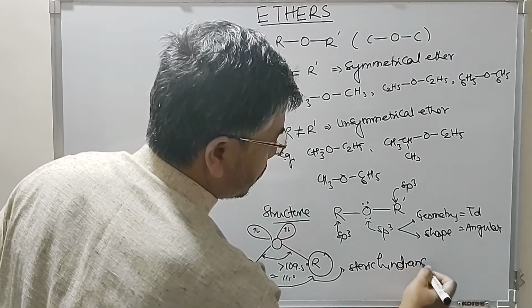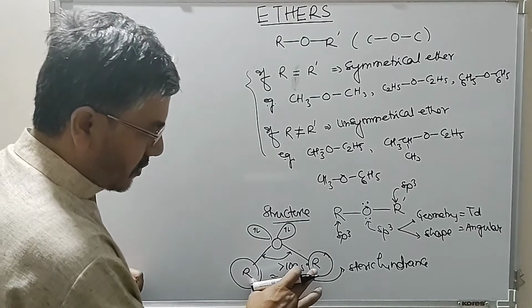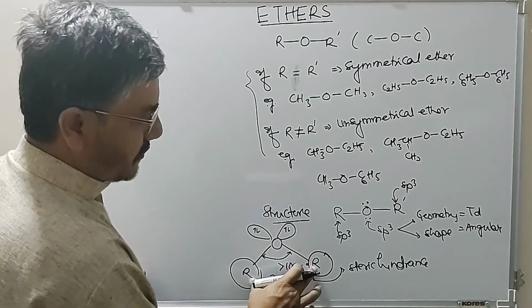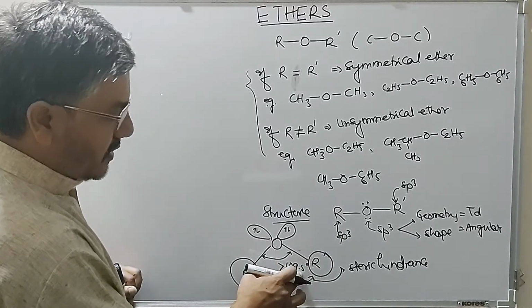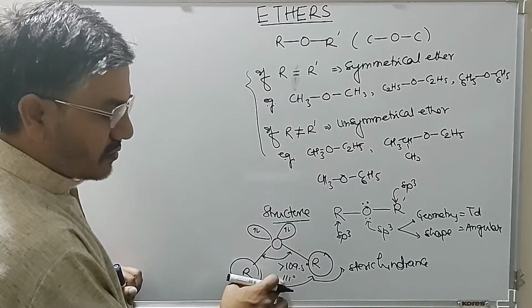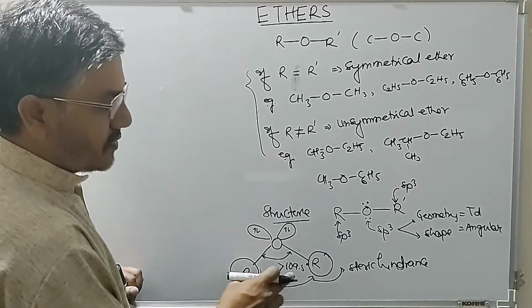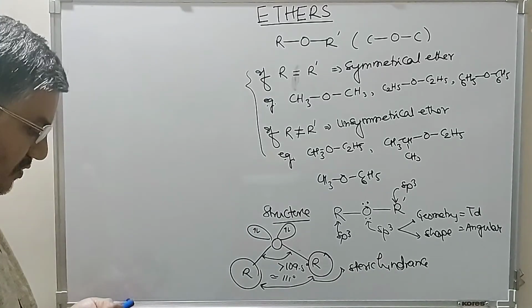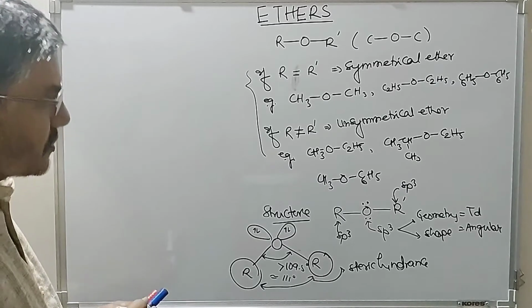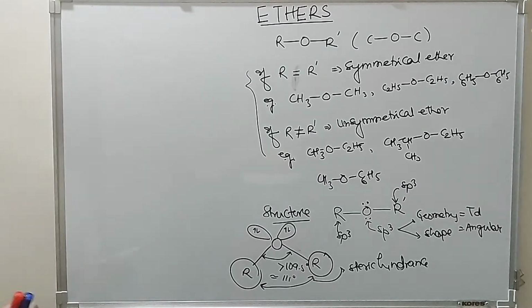Because of the steric crowding between these two bulky groups, R and R prime, the bond angle which was supposed to be the tetrahedral 109.5 is greater than this tetrahedral angle and is about 111. So the reason is this steric hindrance. This is about the general structure of ethers. Now coming to the general methods of preparation of ethers.